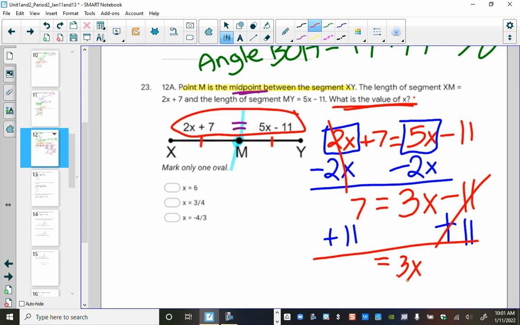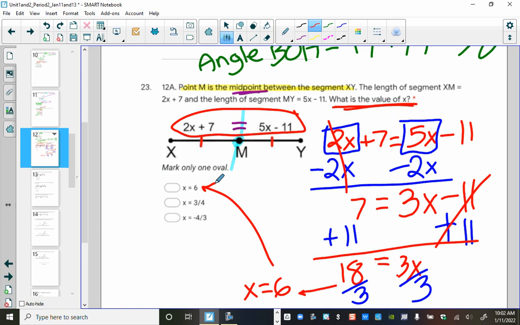Okay, so we have 18 equals 3x. So if 18 equals 3x, then x must equal what number? How do we solve for x? What's our last step? That's it. That should be automatic by now. X equals 6.